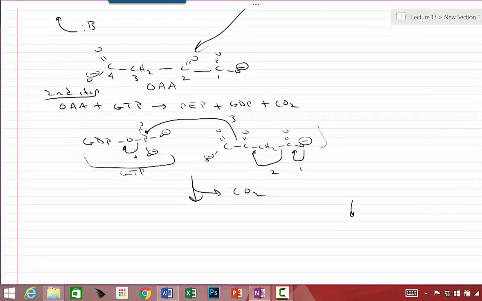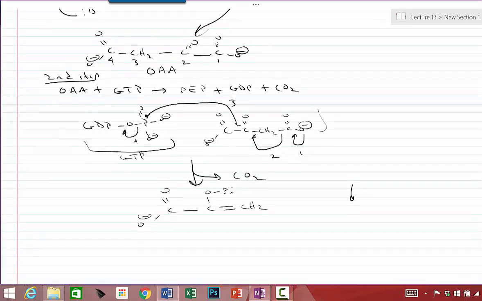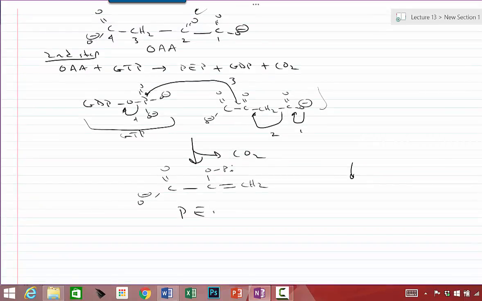And what we're going to create is phosphoenolpyruvate, which will look like this. And that's phosphoenolpyruvate. I didn't write out the whole phosphate. That Pi is the entire phosphate there.